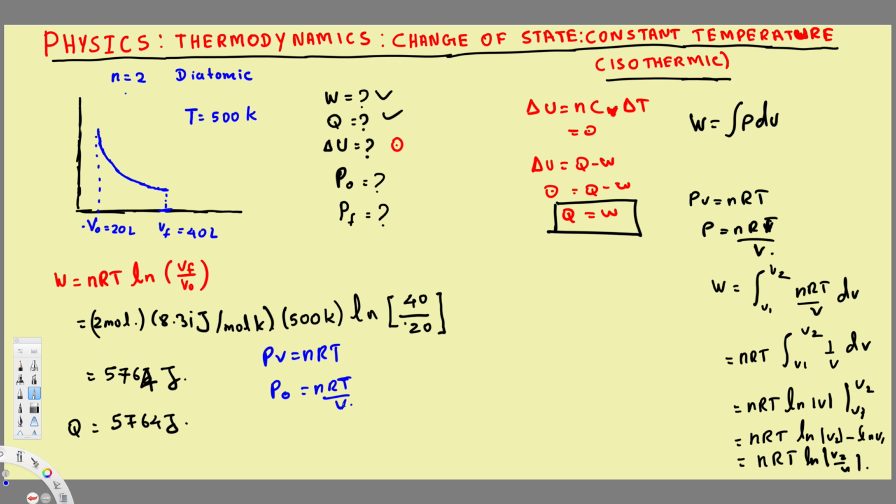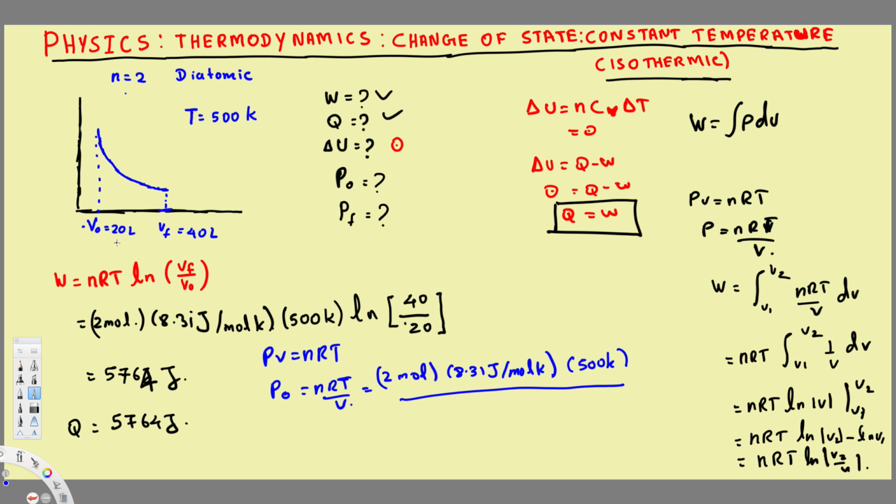And then we also have the volume, so we can go ahead and find it. So this is going to be 2 moles times R, which is 8.31 joule per mole Kelvin, times T, which is 500 Kelvin, and then V, which is 20 liter.